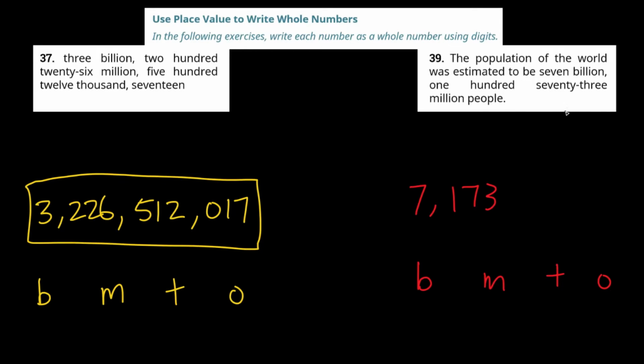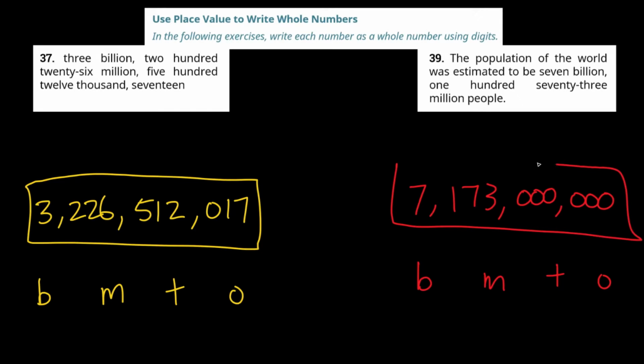And they don't say anything else after that. So we need to put placeholders for the periods that they don't mention. We have no thousands, but we need placeholders, and we have no ones, but we need to put zeros as placeholders. So this number is 7,173,000,000.